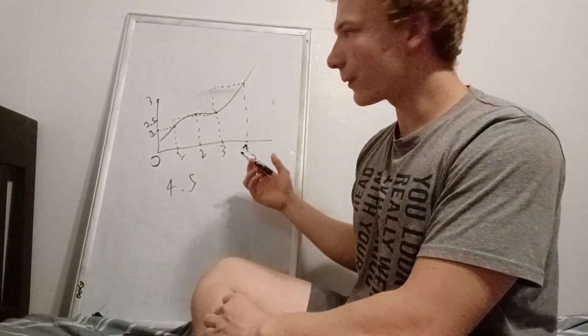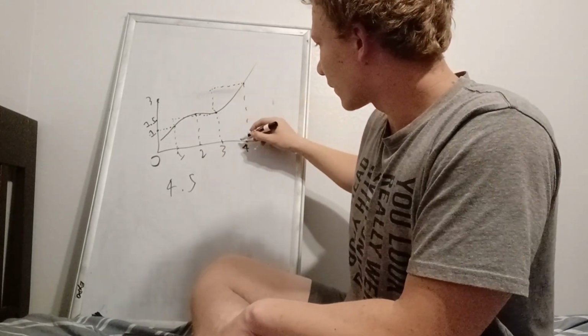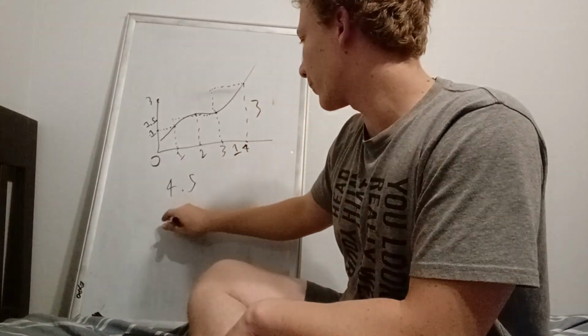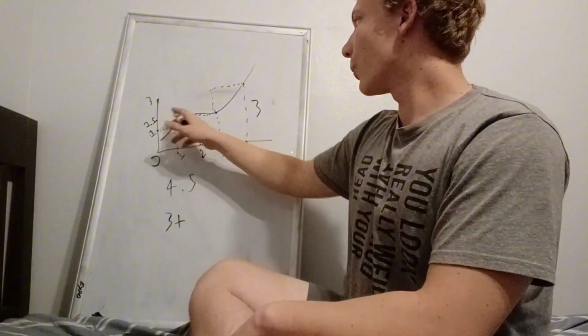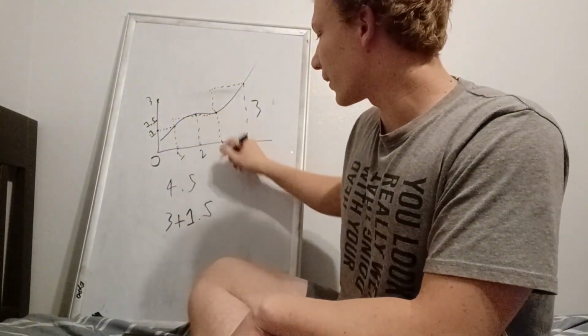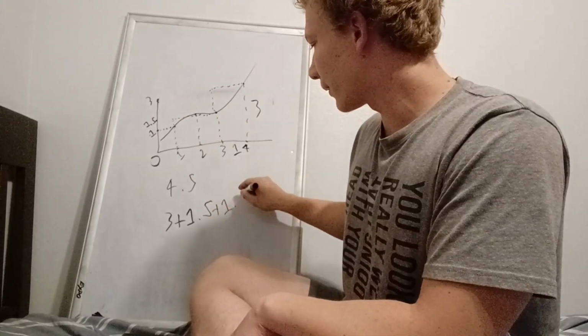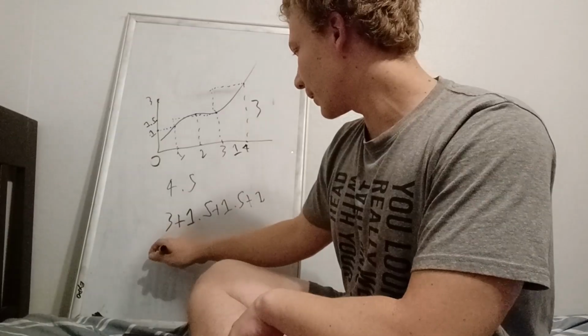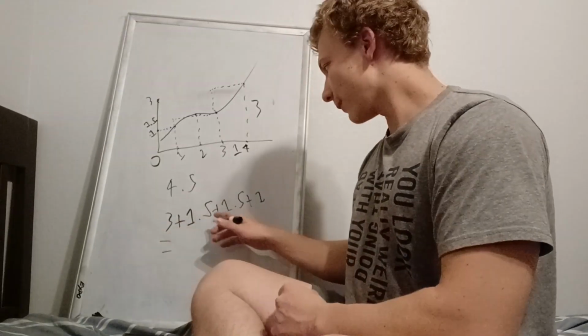So we have 3 from this because it's a rectangle of height 3 and width 1. So we have 3 plus 1.5 here, and then plus another 1.5 here, and then plus 1 from this final rectangle.